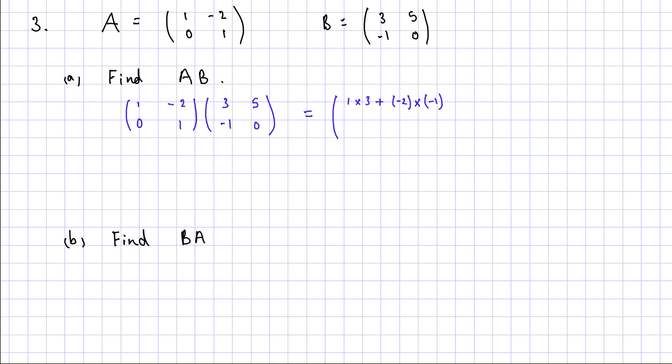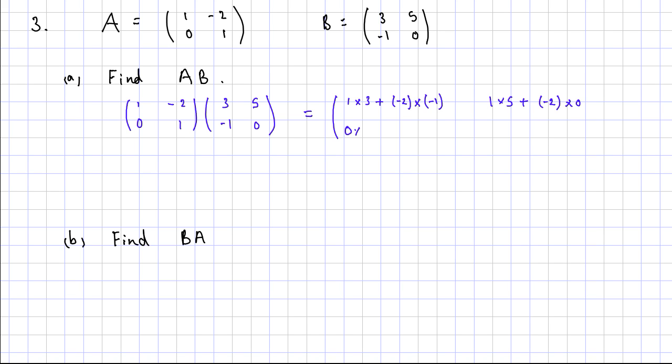Next, now I'm going to look for this entry here. So it's going to be 1 times 5 add negative 2 times 0. Now for this bottom left, it's going to be 0 times 3 add 1 times negative 1.